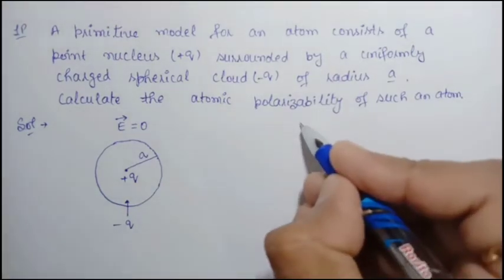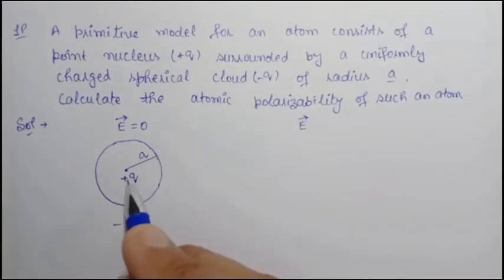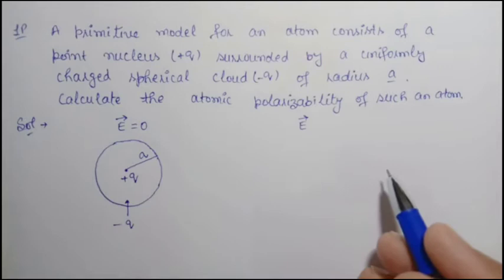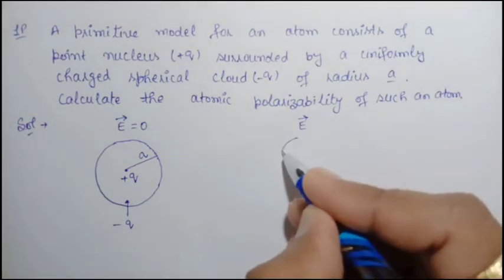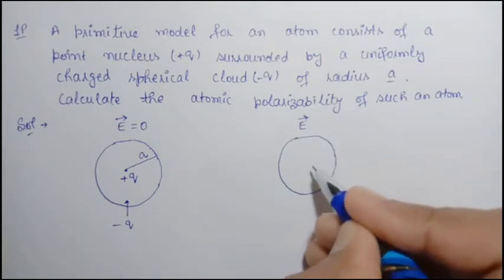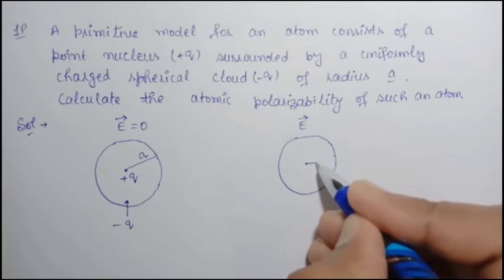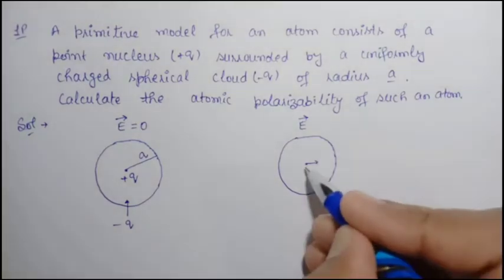Now when we apply the electric field, the positive charge will move towards the direction of the electric field and the negative charge will move in the opposite direction. That is, this positive charge slightly moves along the direction of the electric field.